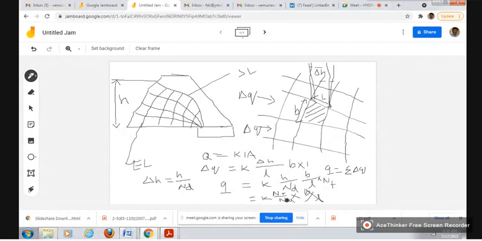Discharge passing through any earthen dam can be calculated by the graphical method as K into NF by ND, where K is the coefficient of permeability, NF is the number of flow channels, and ND is the number of potential drops. This is the formula. Is it okay?